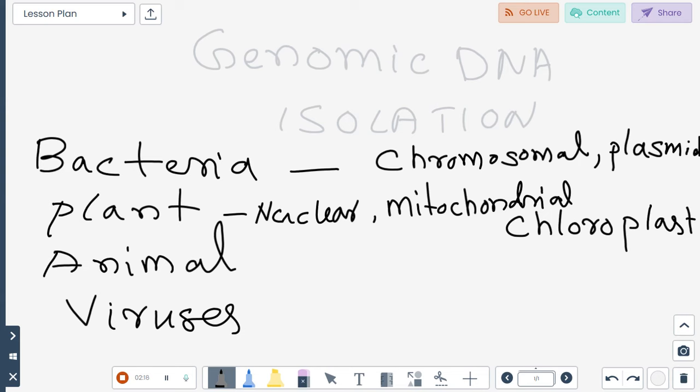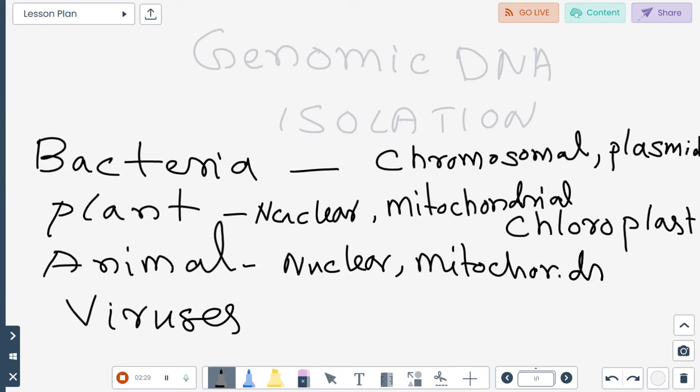In animals, you can find nuclear and mitochondrial DNA. In viruses, you may find RNA as the nucleic acid, if it is an RNA virus.